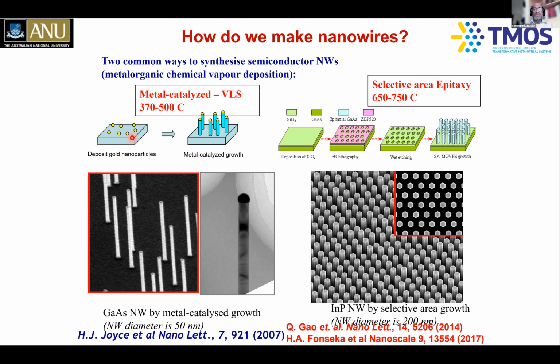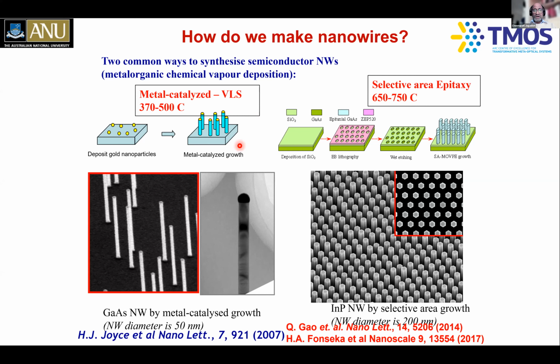So if you put this into the MOCVD reactor and heat it up, you can start to create this gold-gallium eutectic liquid. If you then introduce the gases needed for the growth of gallium arsenide nanowires, these gases get incorporated in the liquid alloy, it gets supersaturated, crystals start splitting out, and the gold is always sitting on the top here, for example.